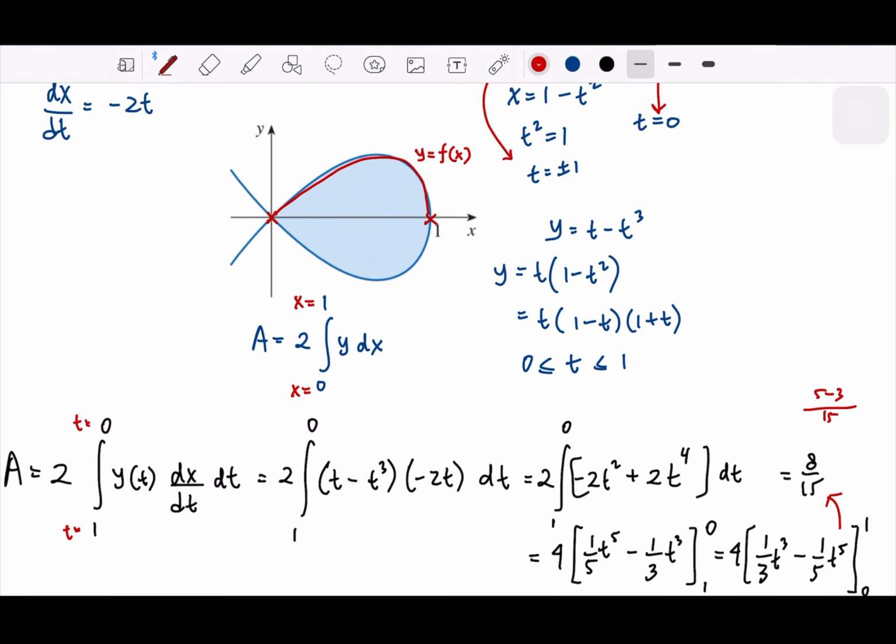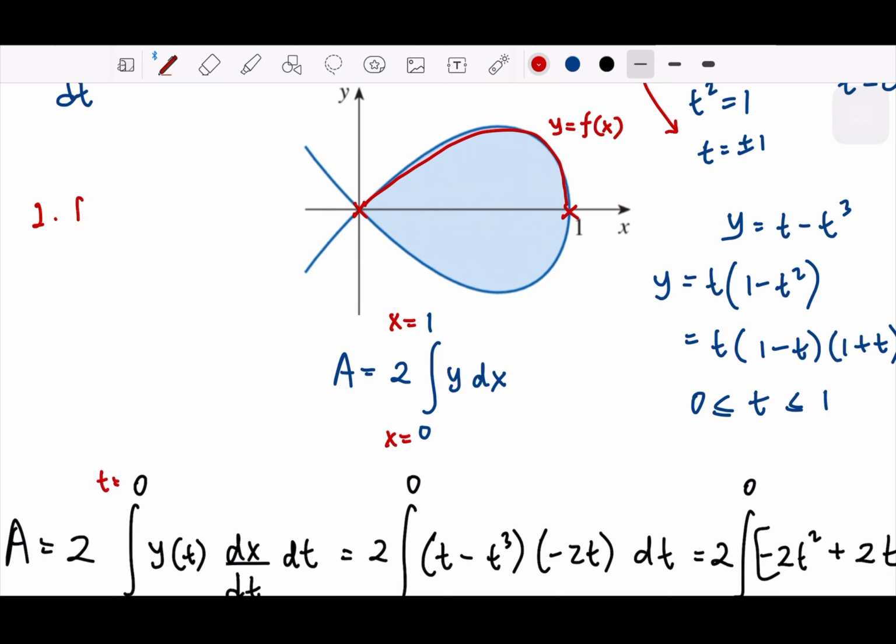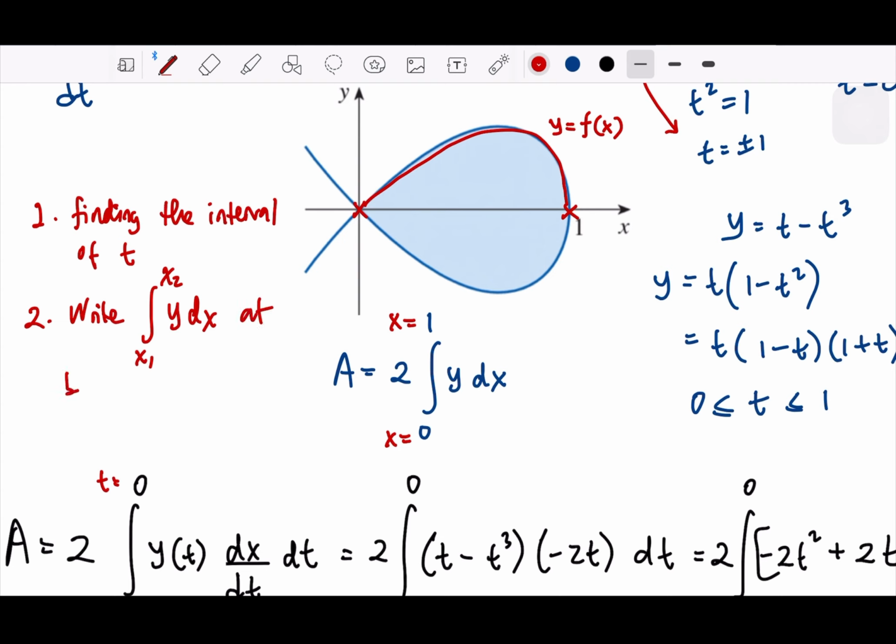Okay, so the key important thing in the area is usually finding relations or finding the interval of t. Okay. The second is to write the integration at the beginning.